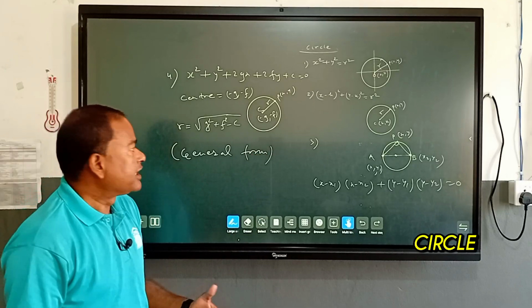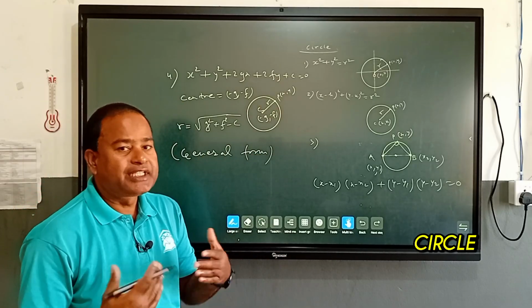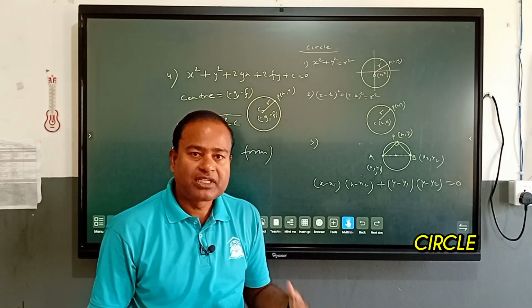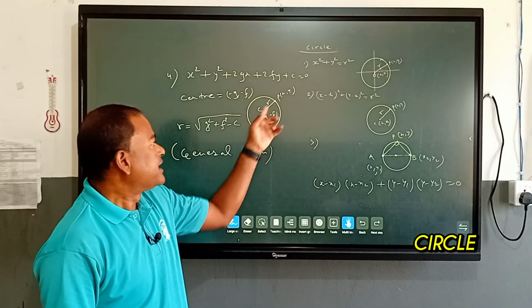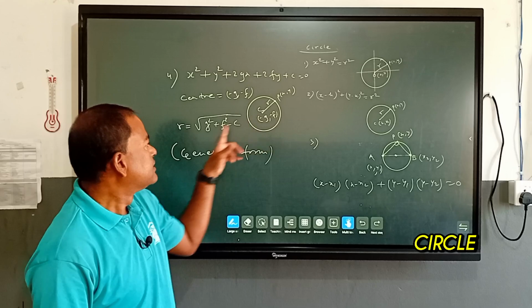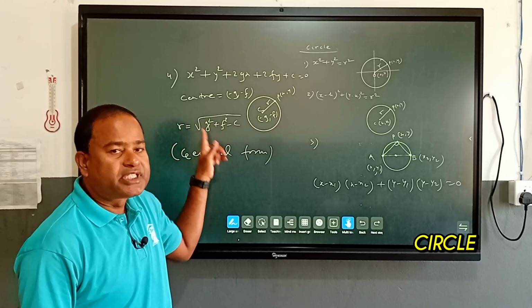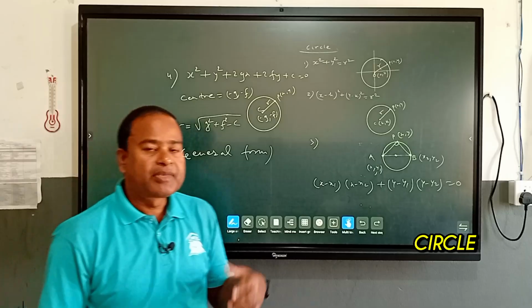In the general form, the center of the circle is (minus g, minus f), and the radius of the circle is equal to the square root of g square plus f square minus c.